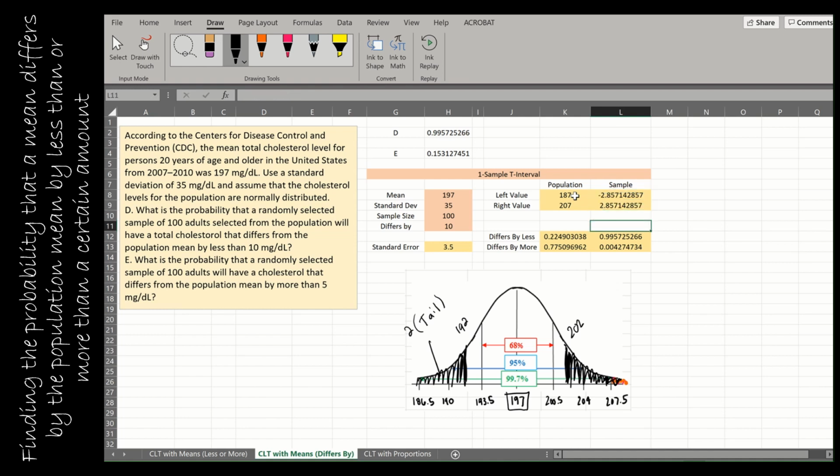And we'll talk about formulas in just a moment. But if you'll notice, the 0.9957, that value is right here, again under the sample column. So we're not really going to use the population column.